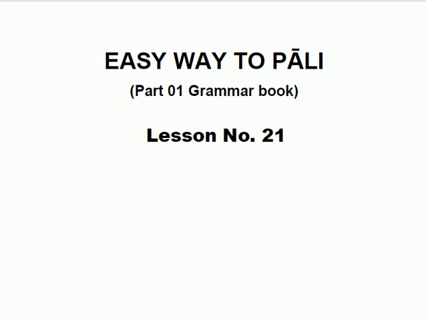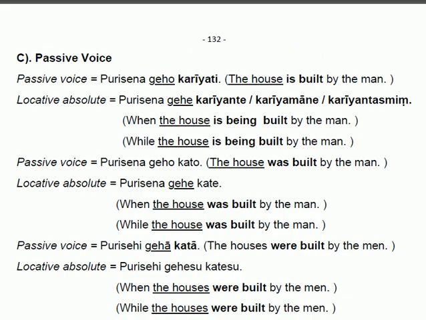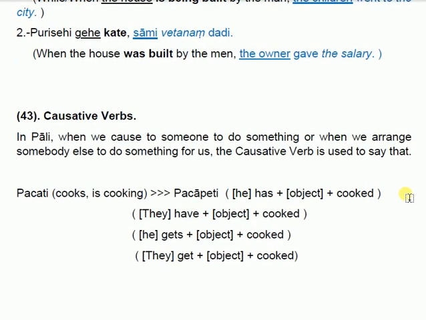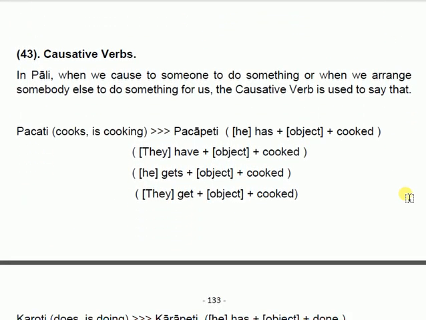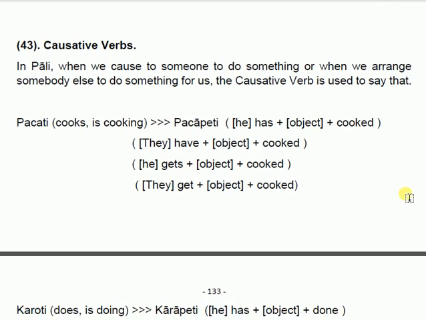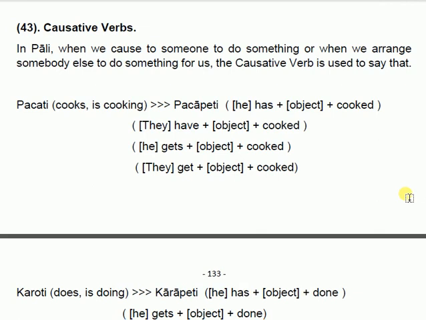Let's go to page number 132. In this page, you have to go down. Our topic today is causative verbs, topic number 43.